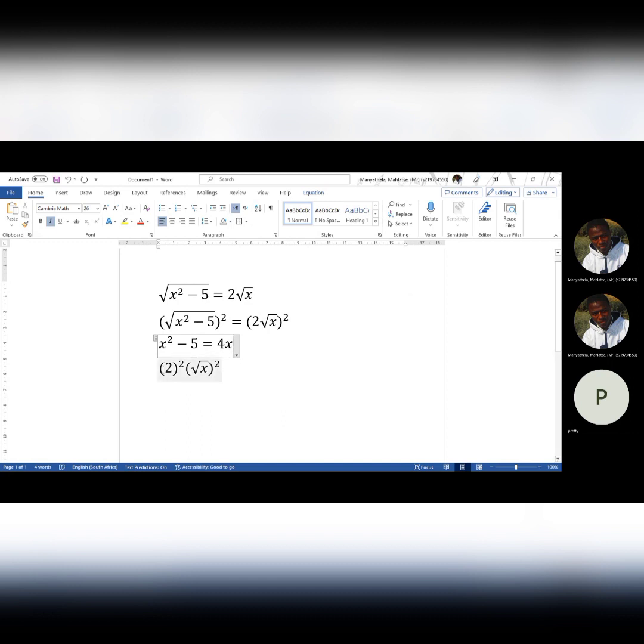So we remain with x squared minus 5 equal to 4x.